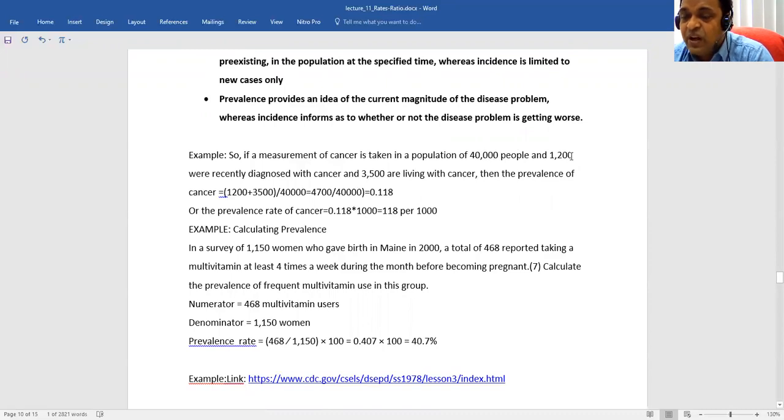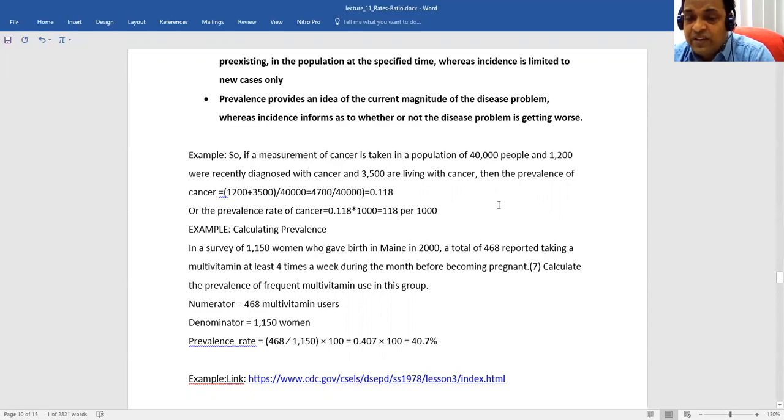But if you want to find the prevalence rate, it will be the new cases, 1,200, and the old patients who already have cancer, 3,500. If you divide by 40,000, you will get 0.118. Or if you multiply by 1,000, you will get 118. That is, the prevalence rate of cancer is 118 per 1,000 people.